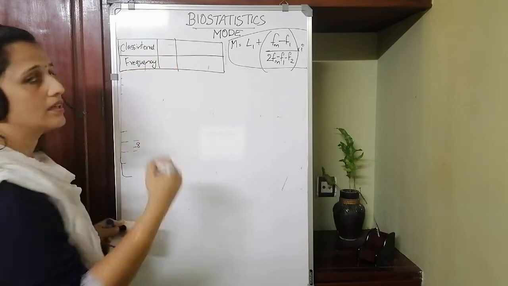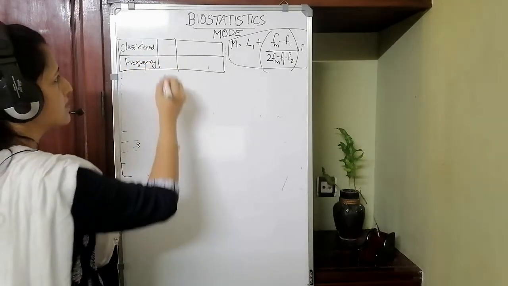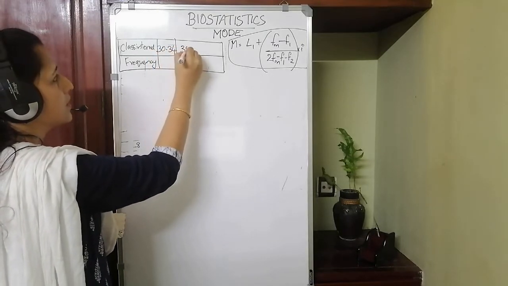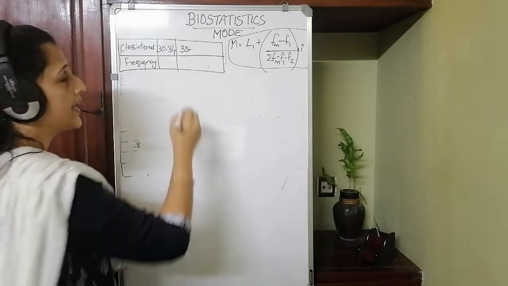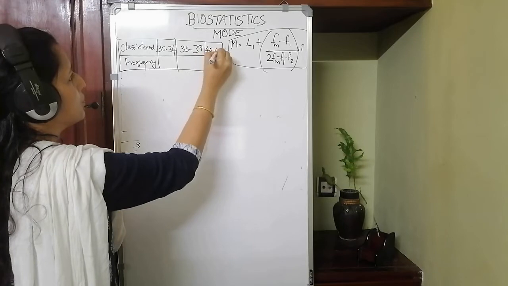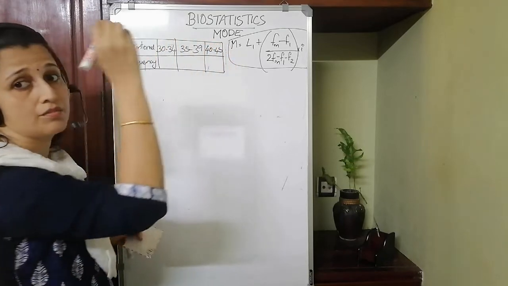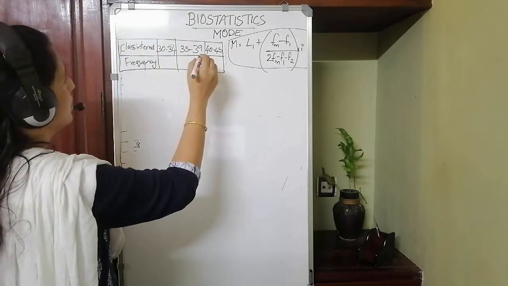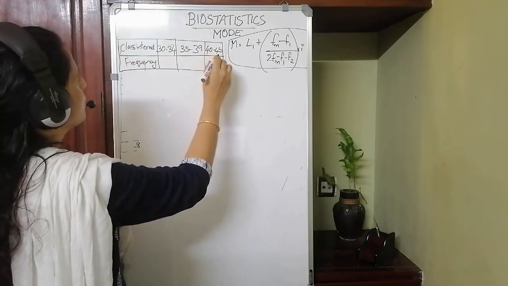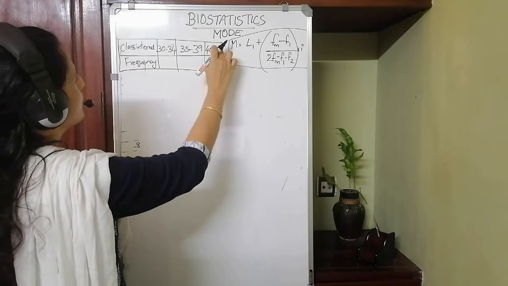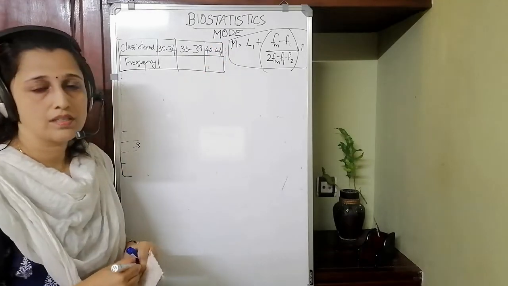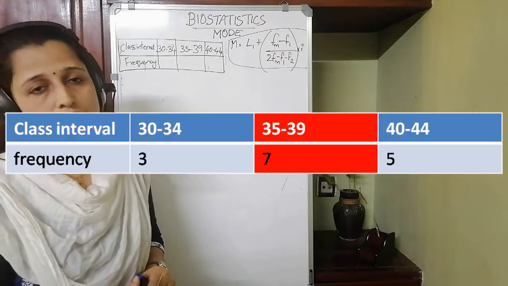With the data given here, I have split the class intervals from 30 to 34, then from 35 to 39, and 40 to 45. It is always better to use an inclusive type.